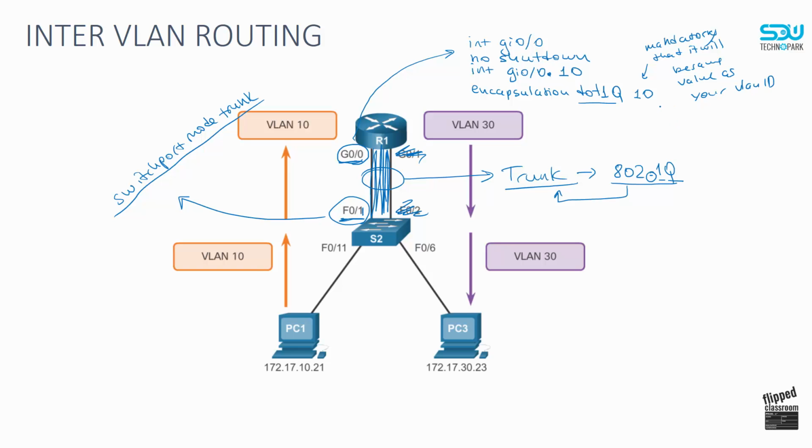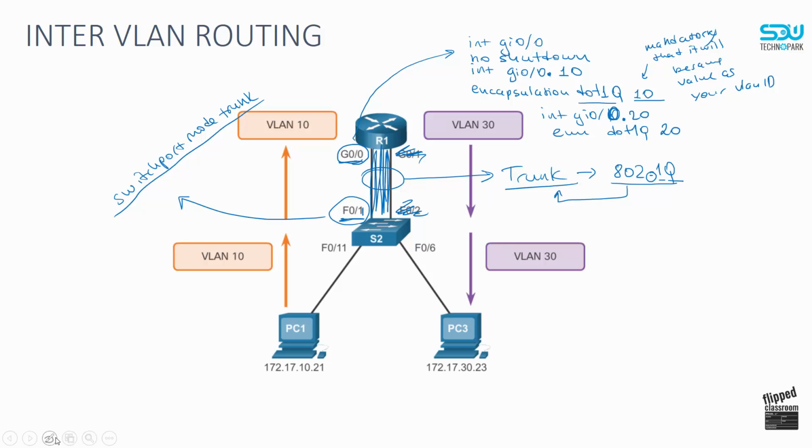Alright, so if you want to work with VLAN 10, then you type VLAN 10. And afterward we have to go to interface gigabit 0/0.20, for example 20, it can be a different value. And then we have to type the command encapsulation dot1q and then 20.